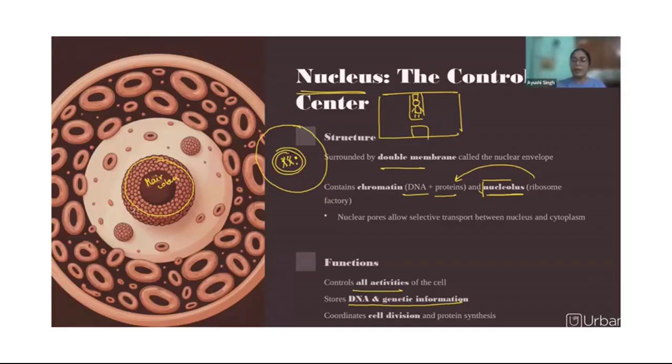It also coordinates cell division and protein synthesis. Its major role is also cell division. It helps the cell to divide into two cells. This will divide and two new cells will be formed. I hope everybody is getting what I'm saying.